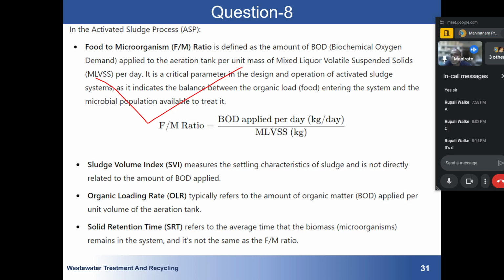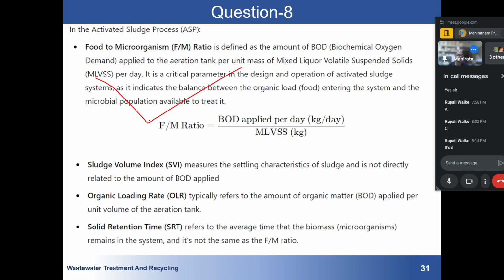If the organic content is very high, we add a high amount of microbes in our system. If organic content is very low, we add a very small amount of microbes, because what will happen if you add too much food?